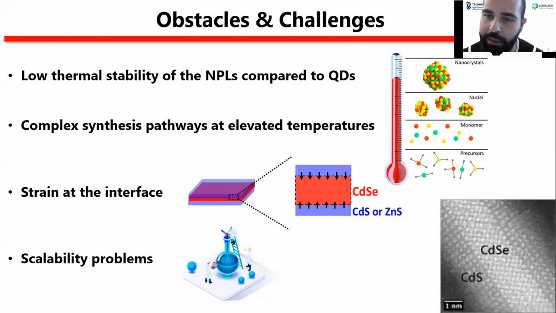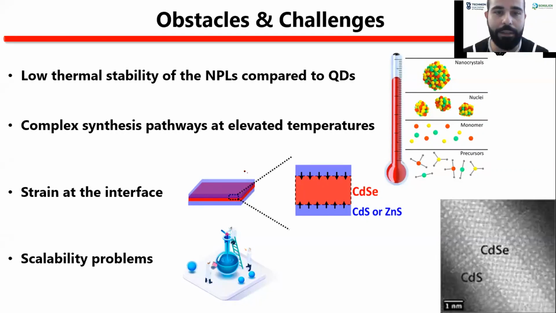As you see here in the TEM picture, this is how the interface looks under the microscope. And the fourth problem is scalability, because researchers do the synthesis at high temperature, so it's impossible to scale these procedures. And from what we saw, these materials are very promising for industry and technologies. So we must find another alternative.